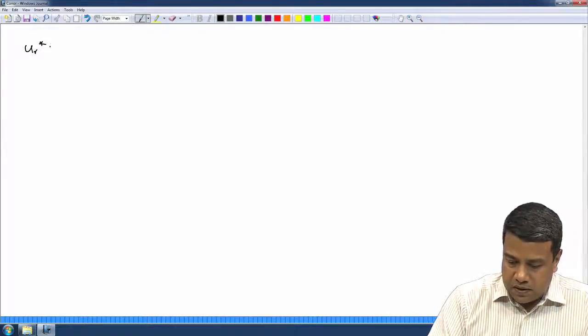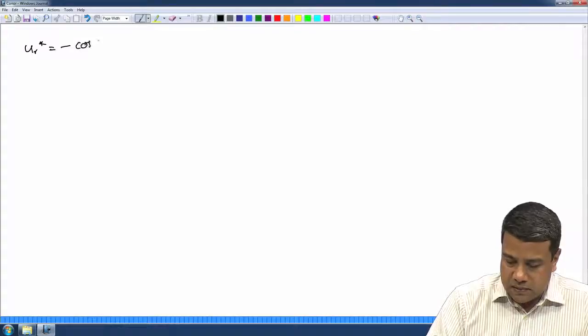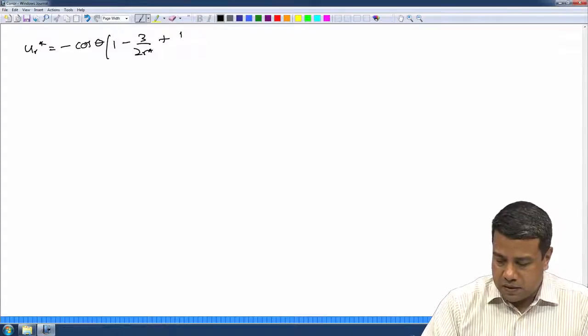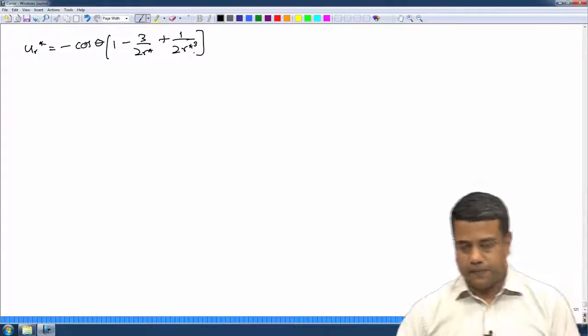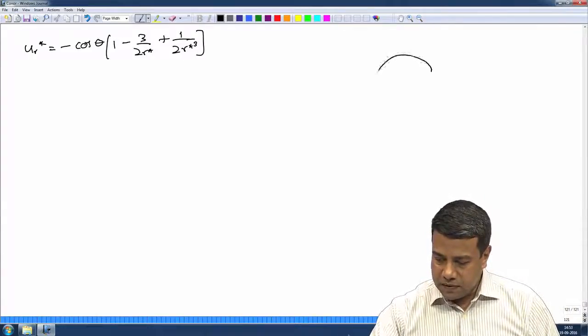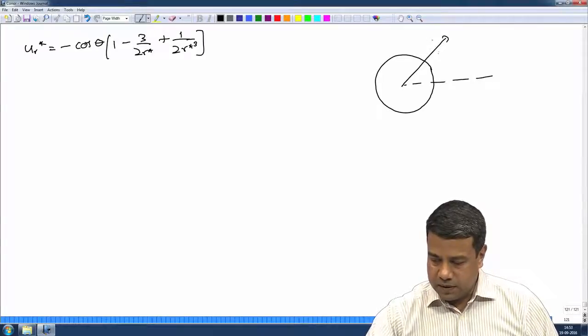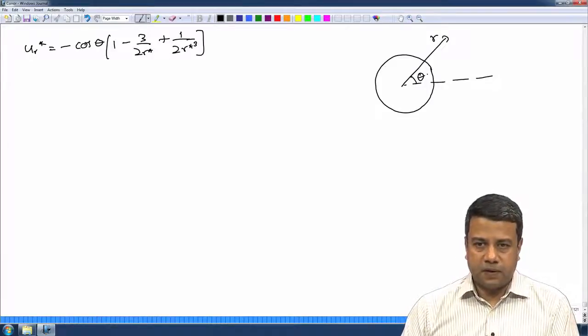U r star is equal to minus cos theta times 1 minus 3 by 2 r star plus 1 by 2 r star cubed. This was for a flow in which this was the angle theta.